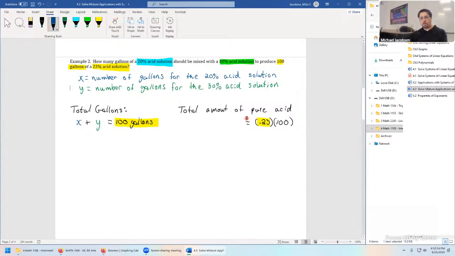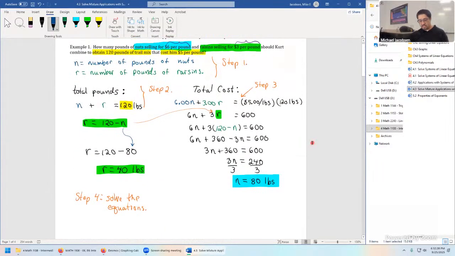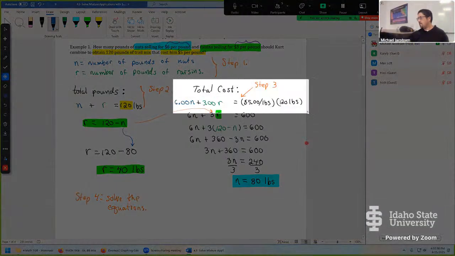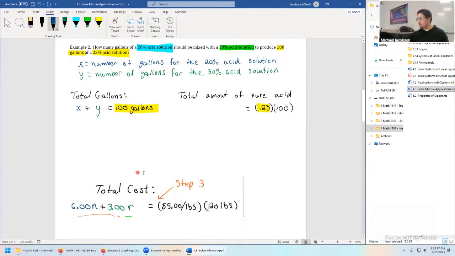And, you know, that might seem similar from the last equation. Let's bring it down just as a comparison. There's some really strong parallels with these kinds of things. The last equation, the total amount was total cost here, not of pure acid, but we still took the 120 pounds, which is like the 100 gallons, and we multiplied it by the cost per pound.